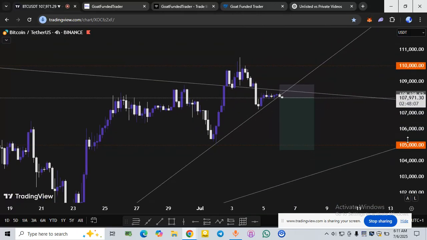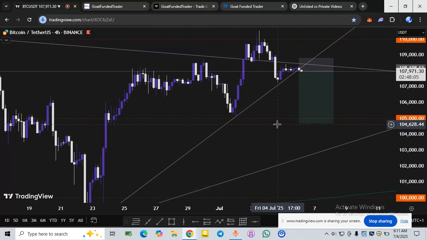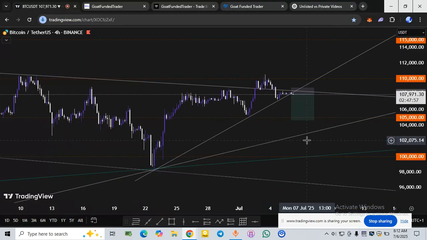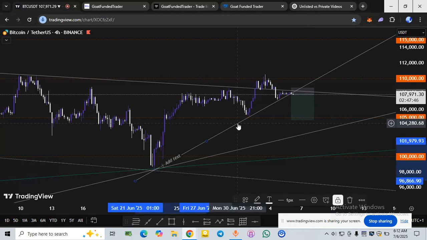Why? That is where the answer to why I think price is going to 105 comes from. Now, number one, once we look at the trend line chart. Don't worry, we're going to head over to the market structure chart so that I also bring these things down from the structure and liquidity perspective. Now, over here, this is an A plus trend line, all right. We have one touch over here, we have two touches.